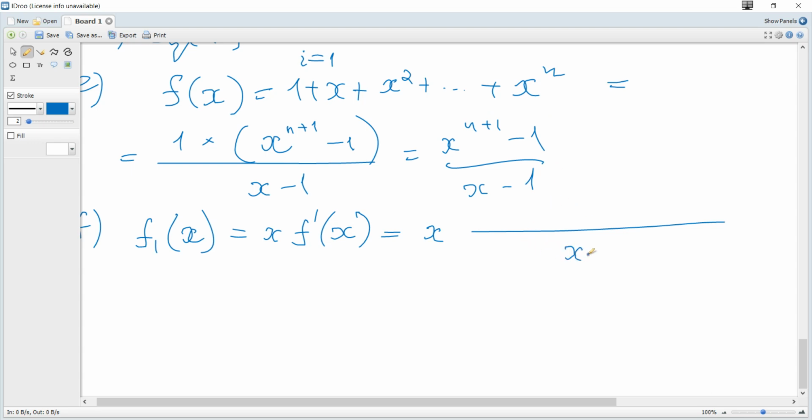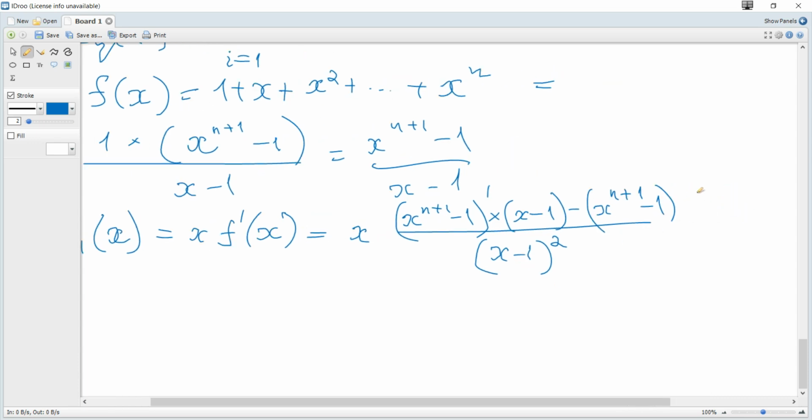So it's the denominator squared, numerator derivative. This formula is given in the data booklet, multiplied by the denominator minus just the numerator multiplied by the derivative of the denominator.